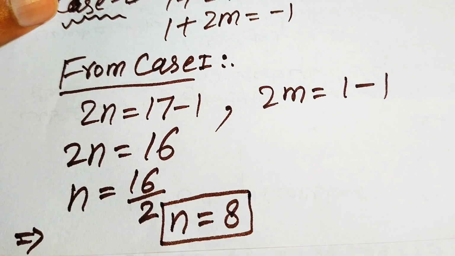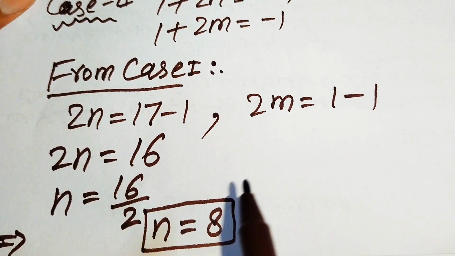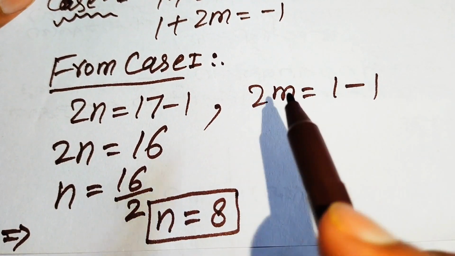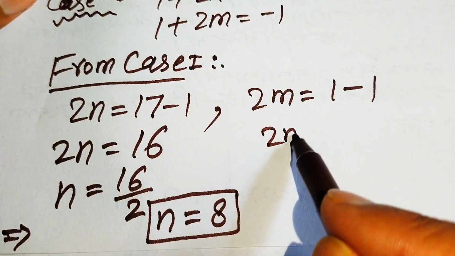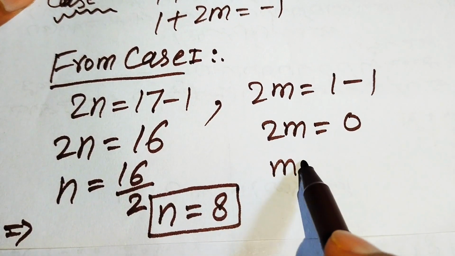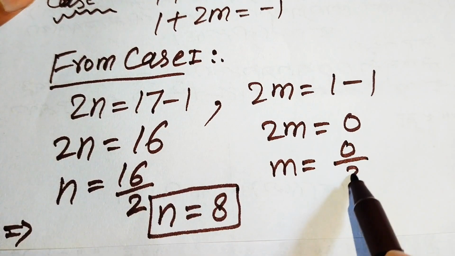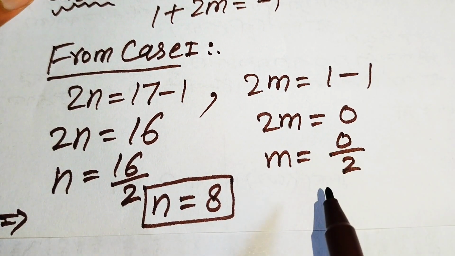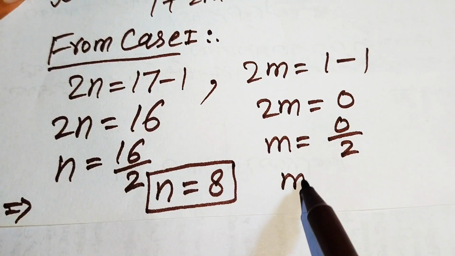So we get the value of n from the first case, and now we get the value of m. Here we have 2m equals 1 minus 1 becomes 0, and we get m equals 0 over 2, and we know that 0 over something is equal to 0.